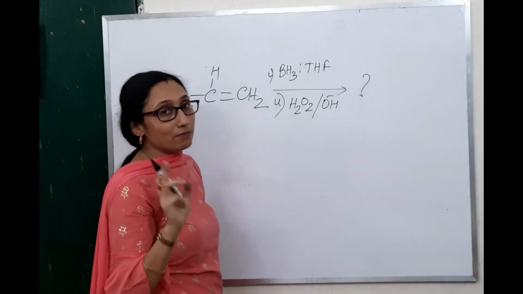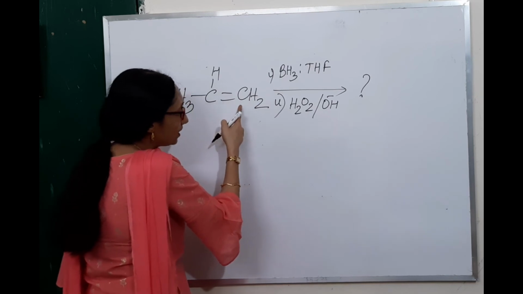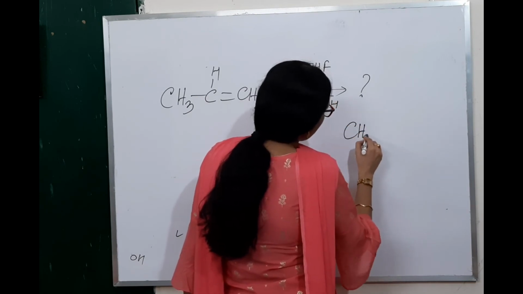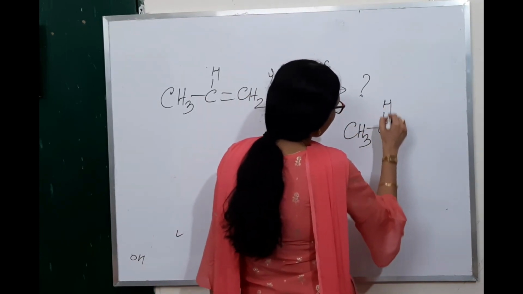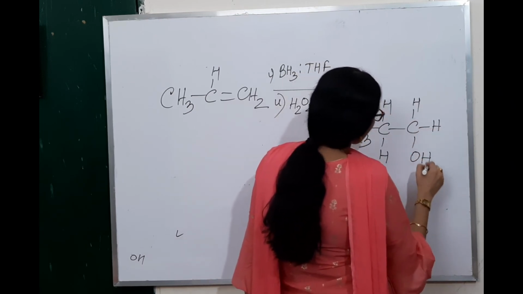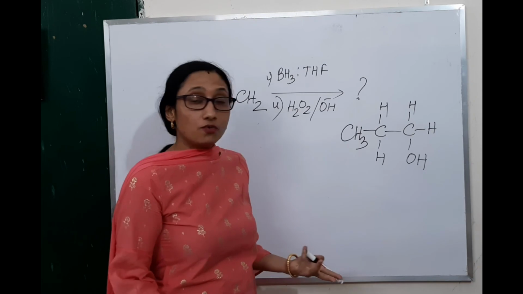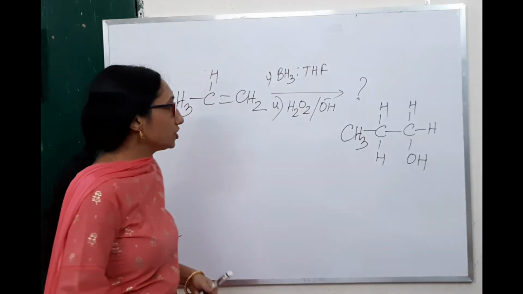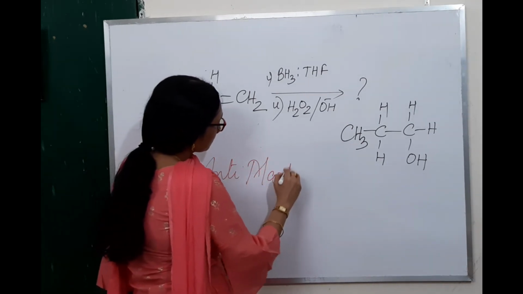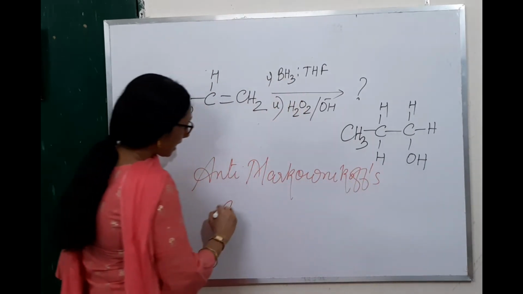According to anti-Markovnikov's rule. So I will add OH to this carbon and H to this carbon. So the product will be CH3CH2CH2OH, propanol. So we can see that the net result of hydroboration followed by oxidation is the anti-Markovnikov's addition of water.